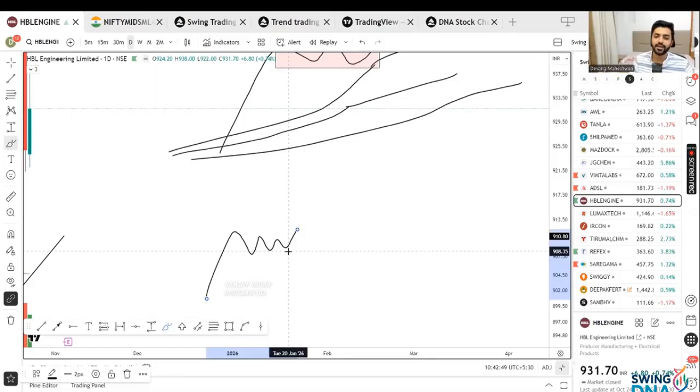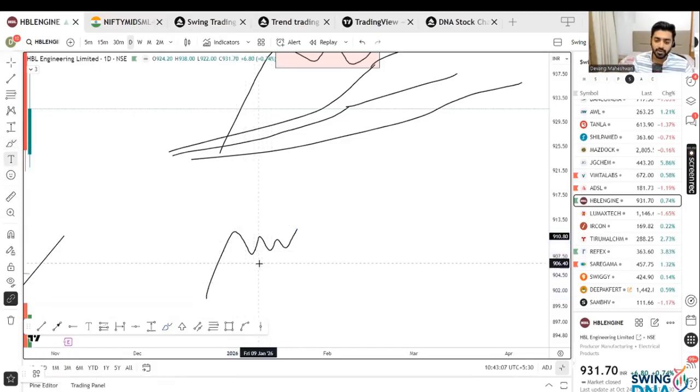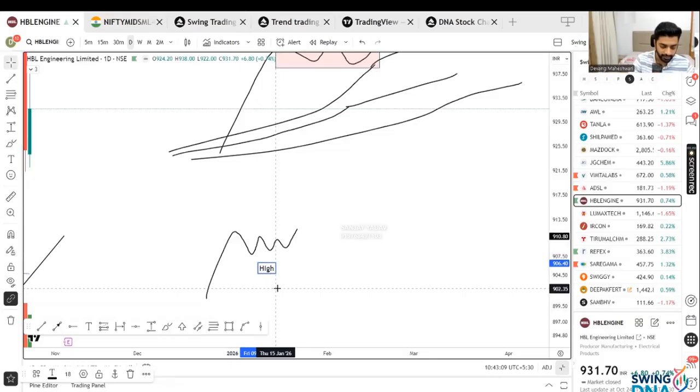It's not like any random consolidation you have to buy. It needs to be in a correct manner so we can predict the outcome, so that the probability of your winning is fine and you can replicate that again and again across all the stocks. So you need a higher low here when it is consolidating.